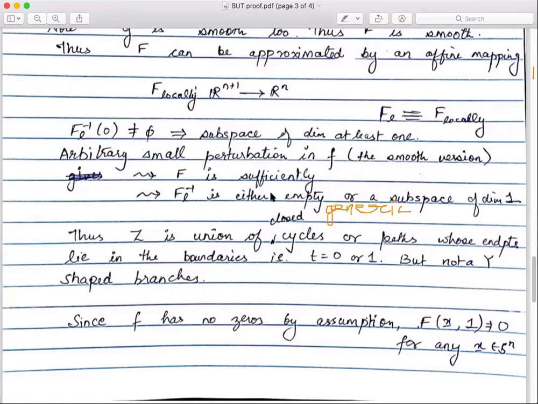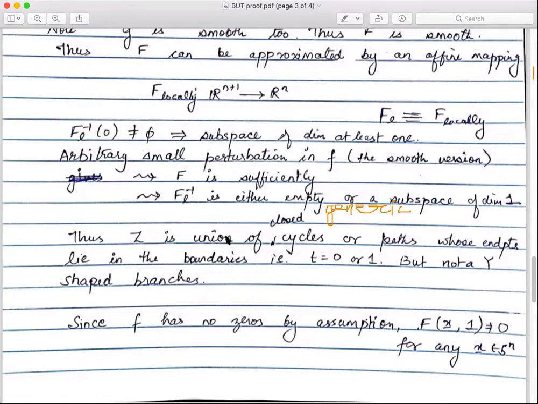And once you know this, then clearly Z is a union of closed cycles or paths whose endpoints lie in the boundary.